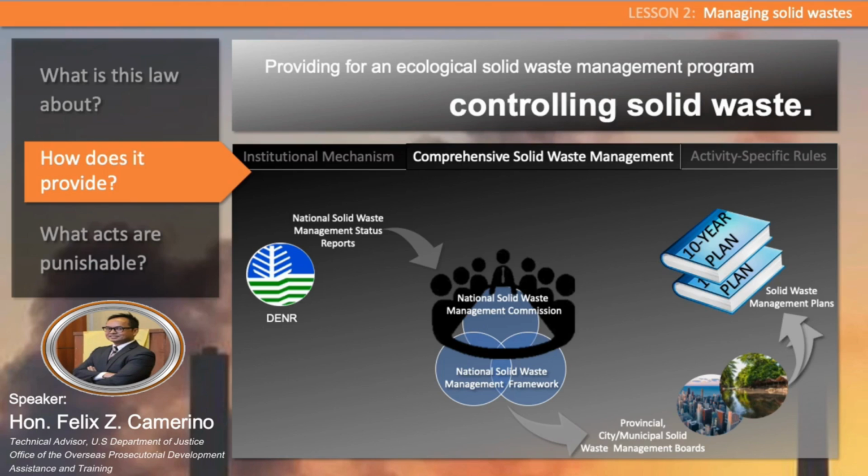So anyway, the one thing I want to point out also is that the use of the framework is not the only service that these local boards would avail of from the commission. Again, we've discussed it briefly in the institutional mechanism when we were talking about the powers and functions of the commission. Basically, the other services that the local boards could avail of from the commission involve not just policy, not just the framework, but assistance in a number of ways.